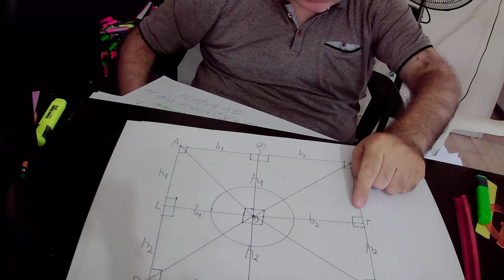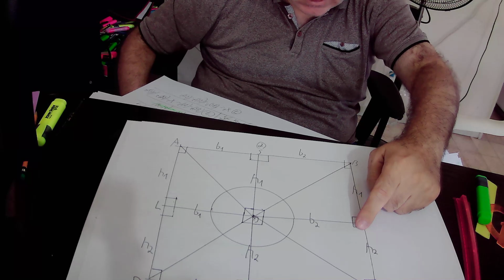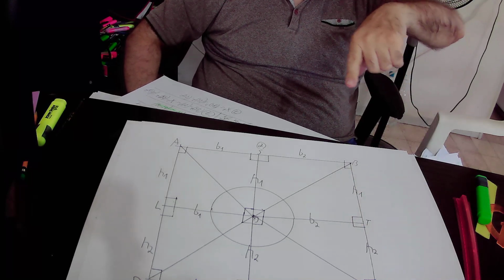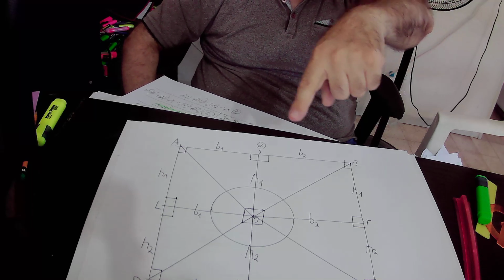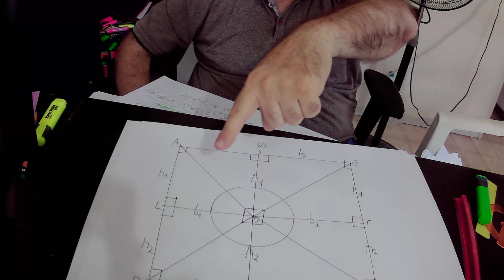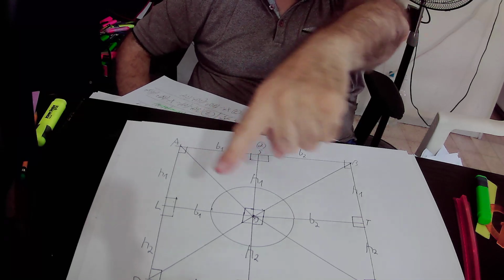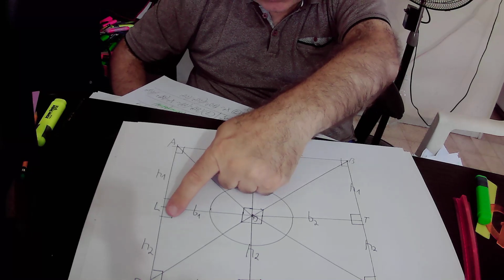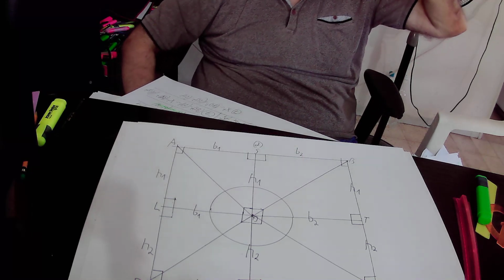So this angle equals 90 degrees and this angle equals 90 degrees according to our construction. Then the perpendicular to BC must also be perpendicular to AD. Why? Because AD is parallel to BC. So this angle also equals 90 degrees and this angle also equals 90 degrees according to our construction.